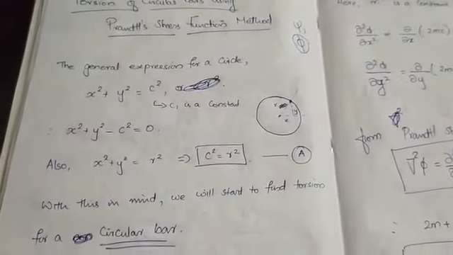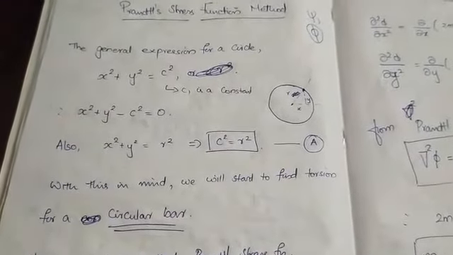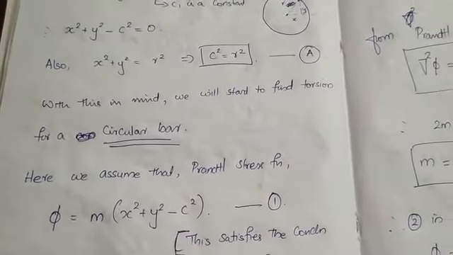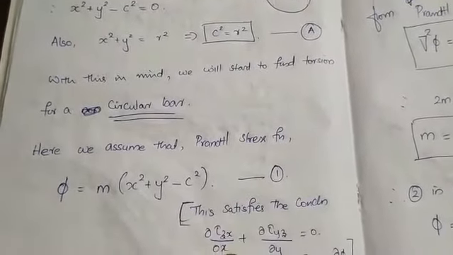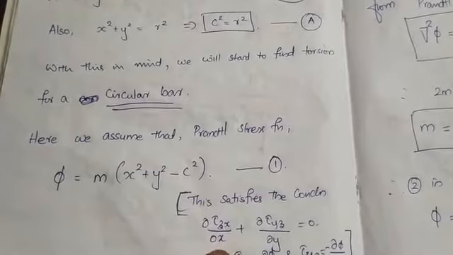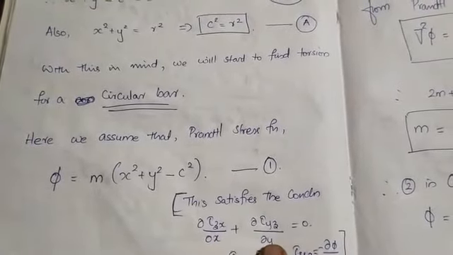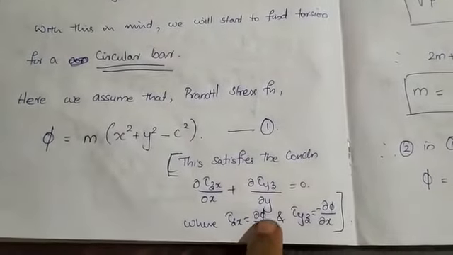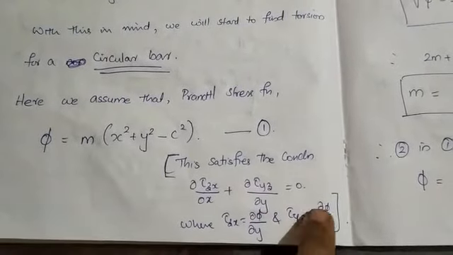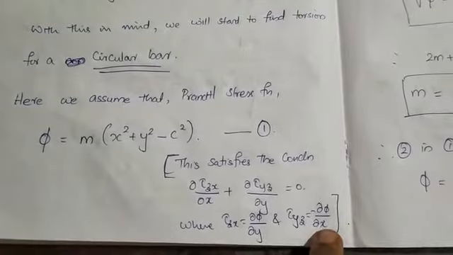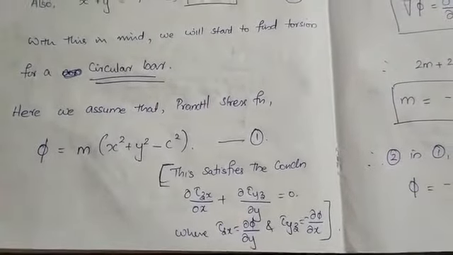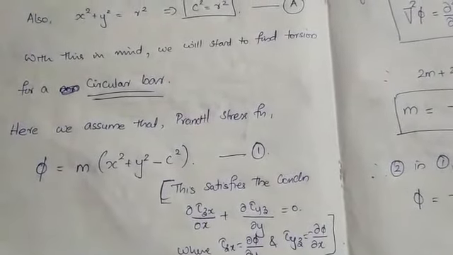First of all, we are assuming the value of phi such that it should satisfy the condition dou tau zx by dou x plus dou tau yz by dou y equals zero, where tau zx is dou phi by dou y and tau yz is minus dou phi by dou x. These things we have already come across in the common Prandtl stress function derivation.